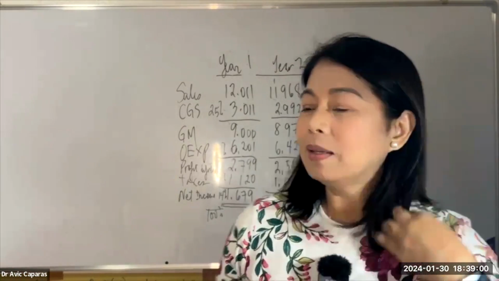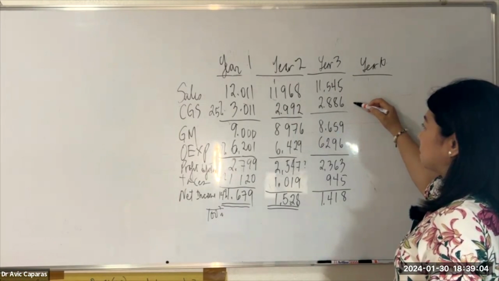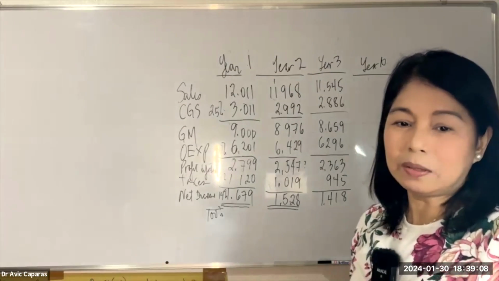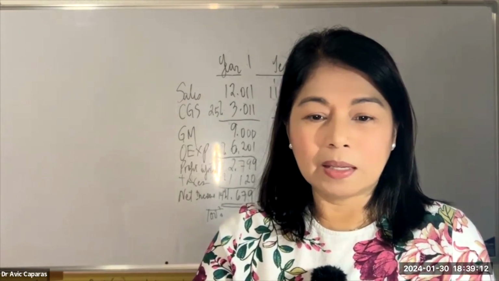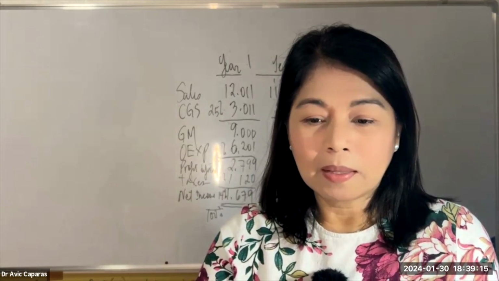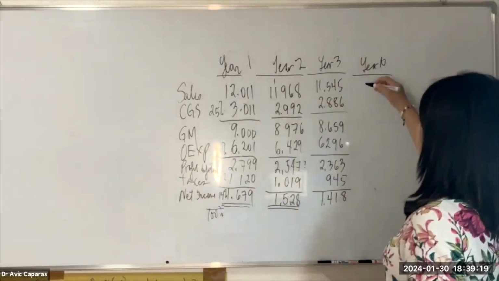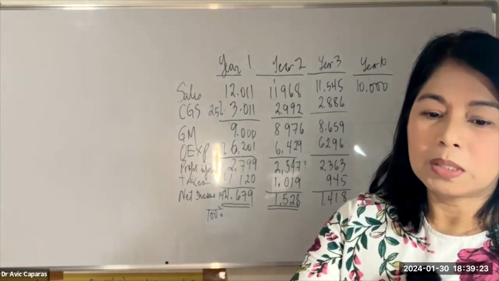You get it? That's how you would think of the business. So knowing that, can you actually compute year 4? Any volunteer? How do you compute for sales, first of all? Okay, so knowing that, if you start with 10,000, I will stop share.